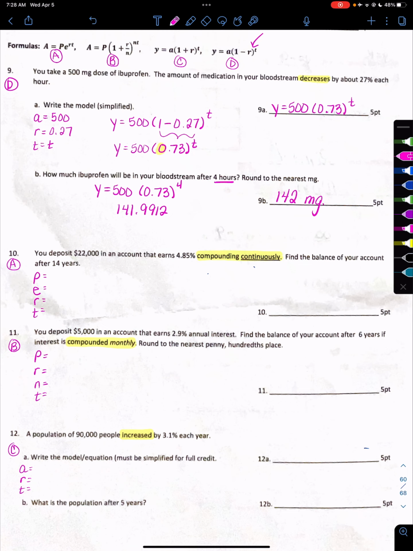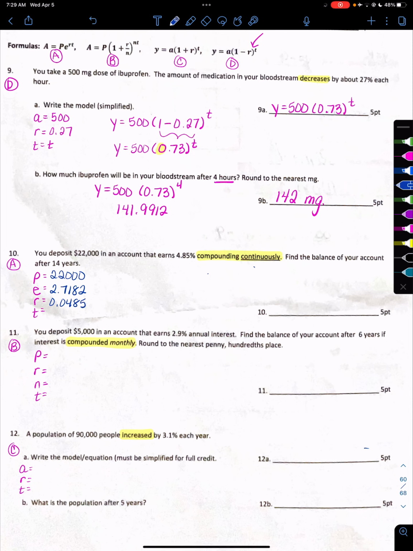All right, number 10. The principal is $22,000. E, if you don't know how to use E in the calculator, please remember to replace that with 2.7182. R is the percent as a decimal, so 0.0485.